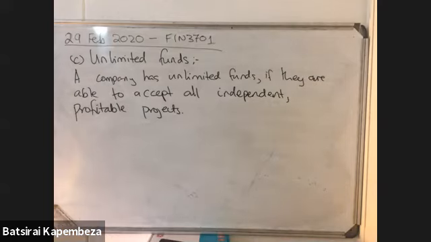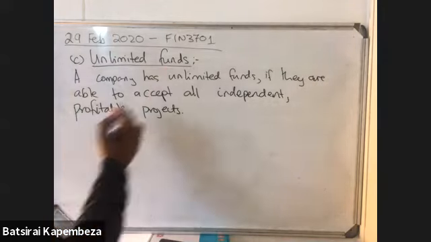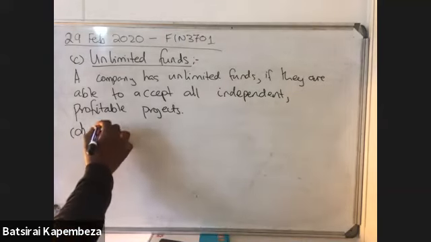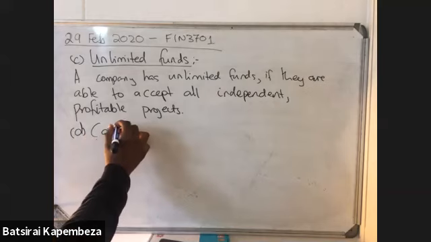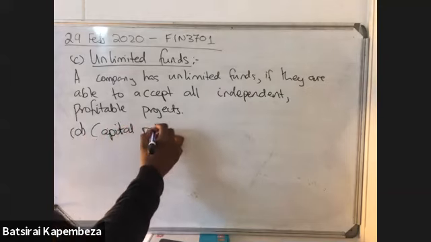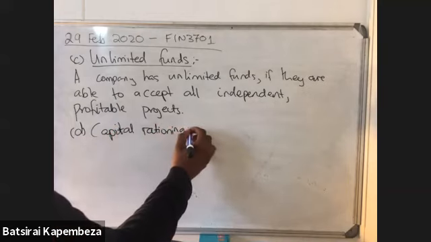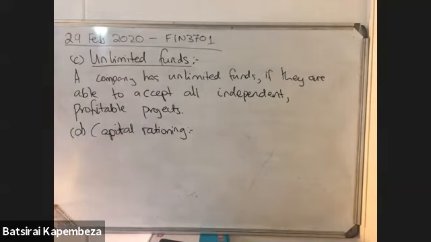And the opposite of unlimited funds is what we call capital rationing. Sometimes we also say that the company has a capital constraint.